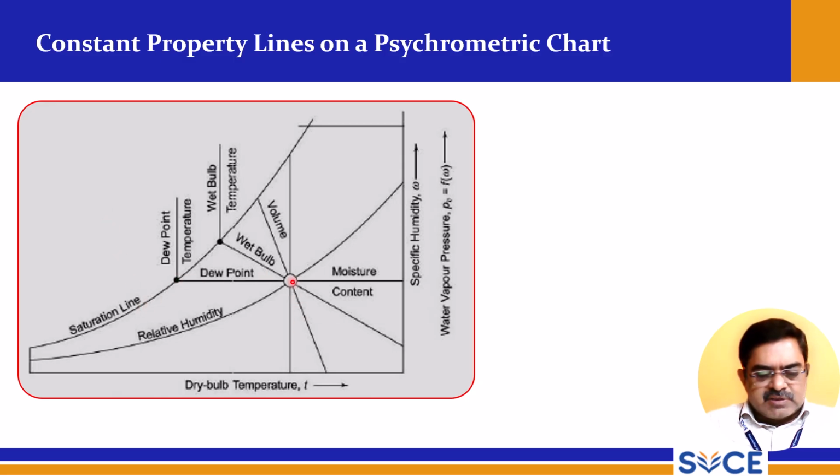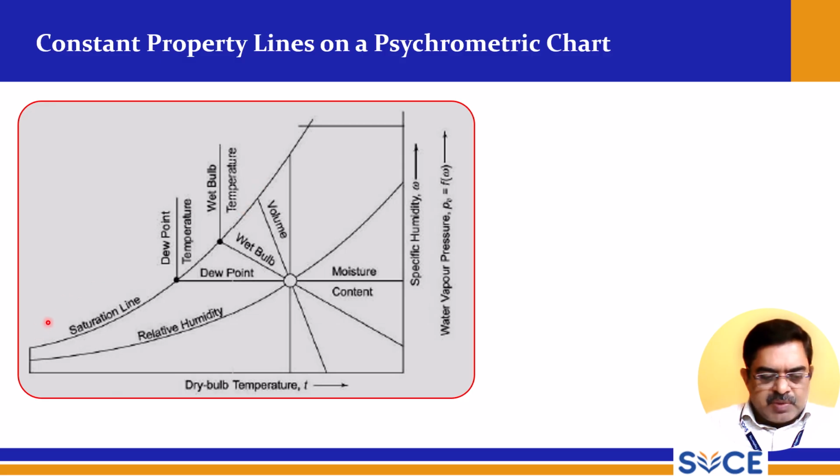Now this is the point of intersection, where we have specific humidity and dry bulb temperature. From this point of intersection we can find the dew point. This is the wet bulb temperature, and the dew point temperature can be found on the saturation line.